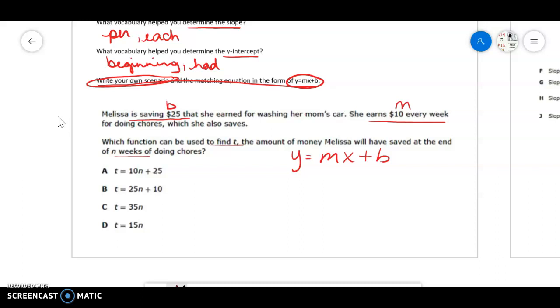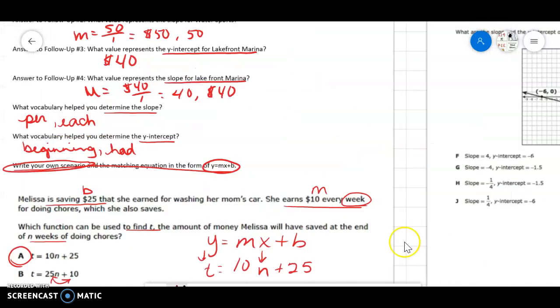So every week, that would be our X. So we're going to use our N here, and we're going to use T here for the total. So our M was 10 plus 25. So you needed to choose A here. Some of you flip-flopped and you chose B because you flip-flopped your slope and your y-intercept.